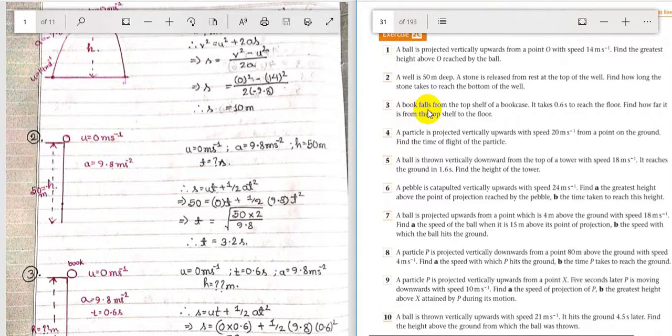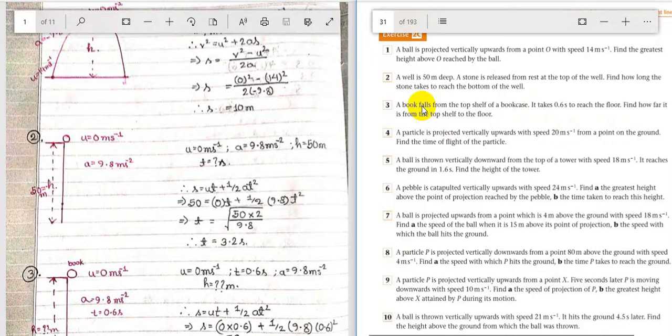Question number 3. A ball falls from the top shelf of a bookcase. It takes 0.6 seconds to reach the floor. Find how far it is from the top shelf to the floor. So it wants you to find the distance the book has fallen, and has given you information like time. The question says the book falls.